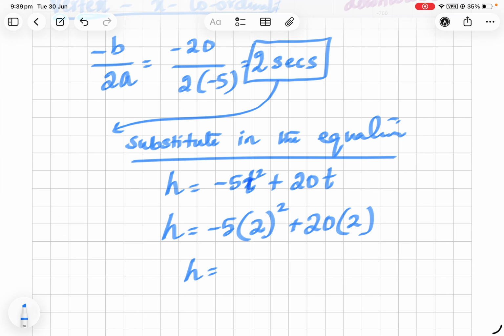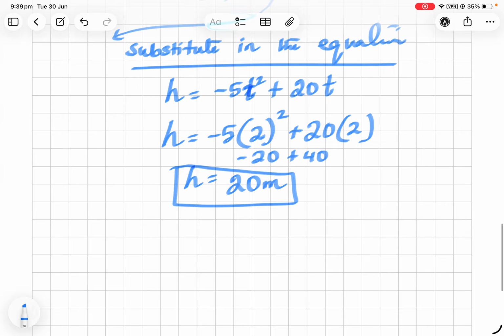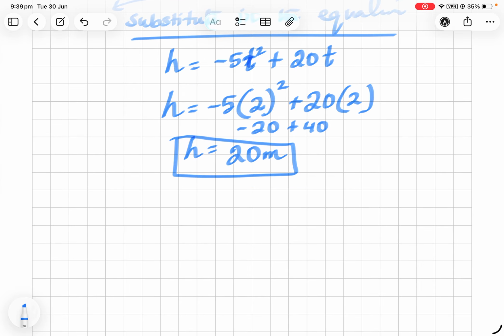So now your h is going to be negative 20 plus 40. So the final answer is 20 meters. So in 2 seconds, it's going to reach a maximum height of 20 meters.